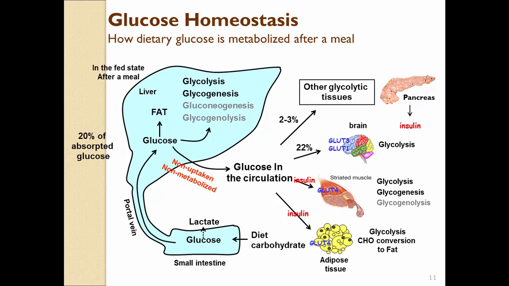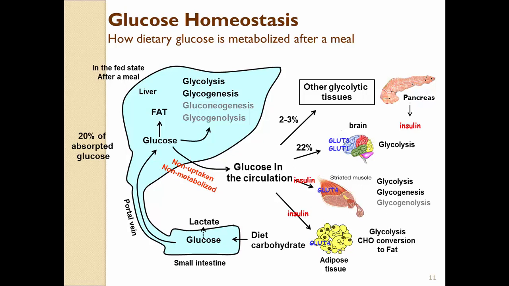For example, brain cells usually have GLUT3 and GLUT1. GLUT3 and GLUT1 are the most predominant transporters in the brain. So these two transporters can transport glucose from circulation into the brain cells for energy production.